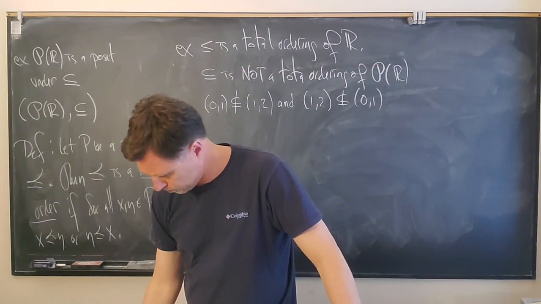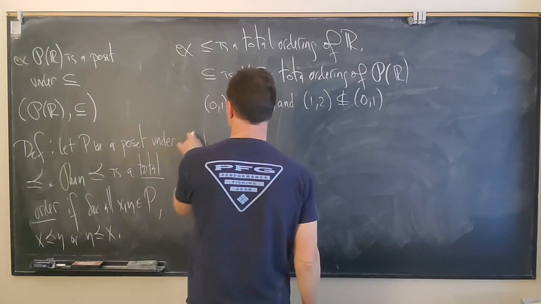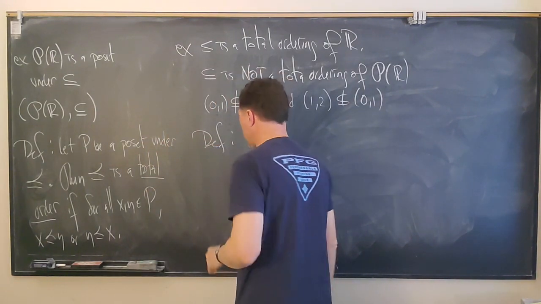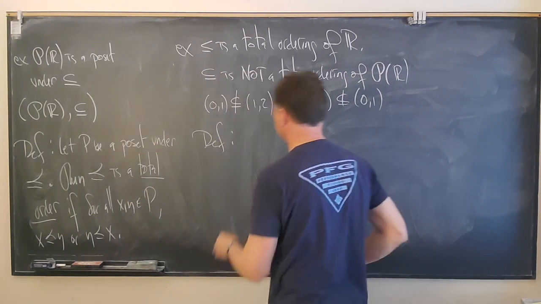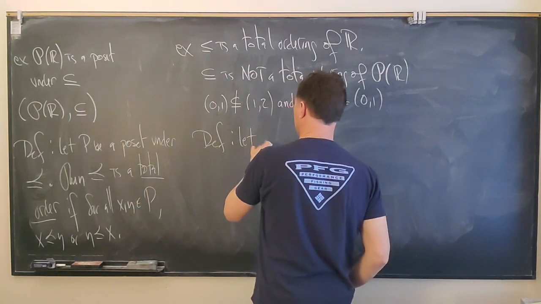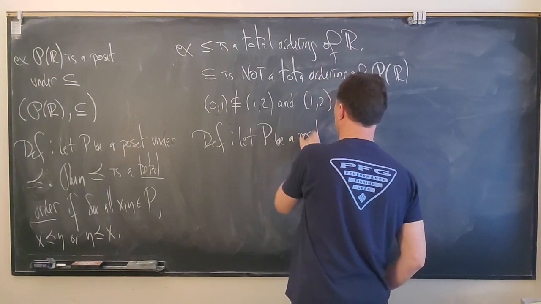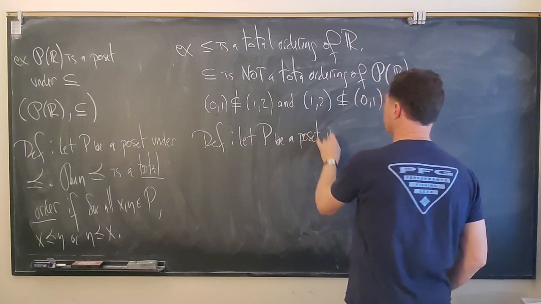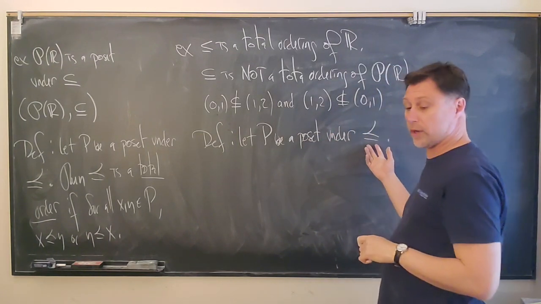A little bit more terminology here. So let's let P be a poset under our partial ordering here.